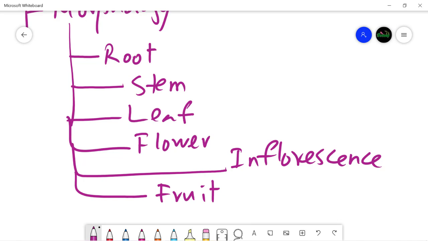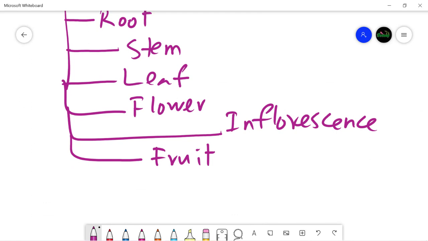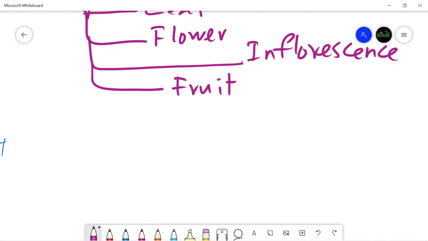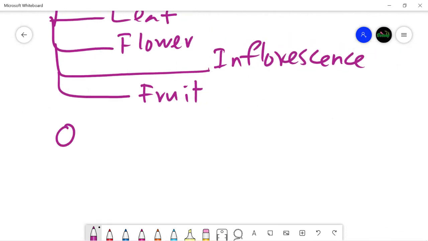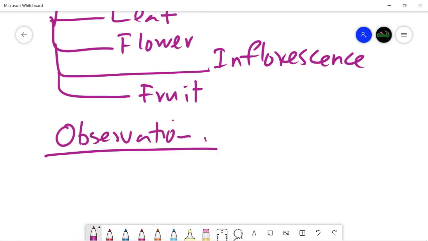The best thing about studying the morphology of various parts of an angiosperm plant is observation. Take a plant and go through the various terms that you have studied and try to find those parts of the plant to which the terms are related. In that way you can get a better idea of morphology.